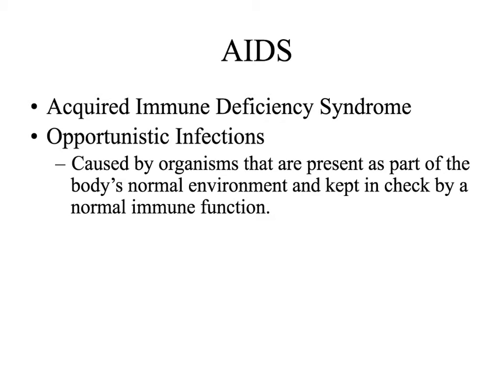It talks about AIDS. What are the key features of AIDS? Typically, someone is diagnosed with AIDS if they have a low CD4 count, usually less than 300, and a high viral load. And then the other piece of that is an opportunistic infection. So basically what this is, and there's a list of these opportunistic infections on 365.